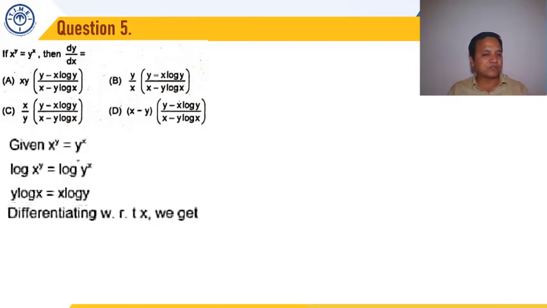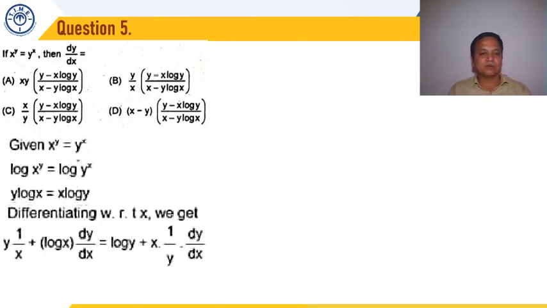What does the product rule say? First function into differentiation of second plus second function into differentiation of first. So we get y into differentiation of log x, which is 1 by x, plus log x into differentiation of y, which is dy by dx, on the left hand side.